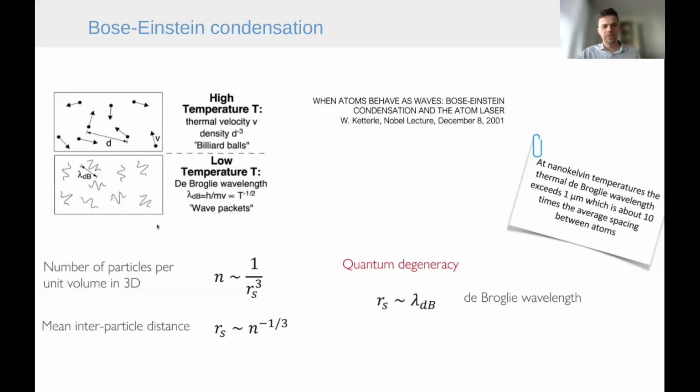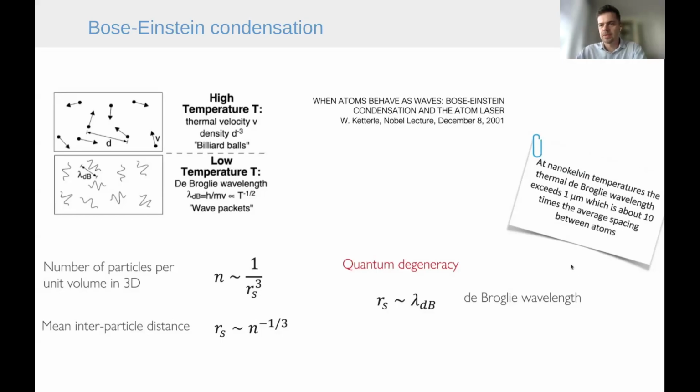And of course, there will be some point where these two characteristic lengths will become comparable. So for a gas of certain density of particles, the third power of the characteristic distance will be inversely proportional to the density. So now if we decrease the temperature so much that this length becomes comparable to the de Broglie wavelength, we will reach something that theorists call quantum degeneracy.